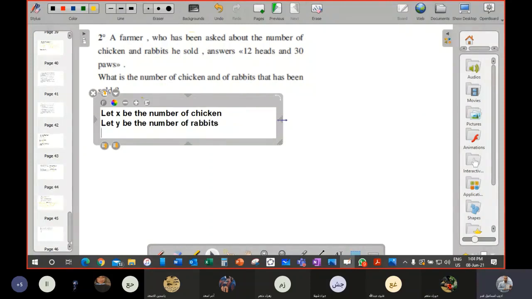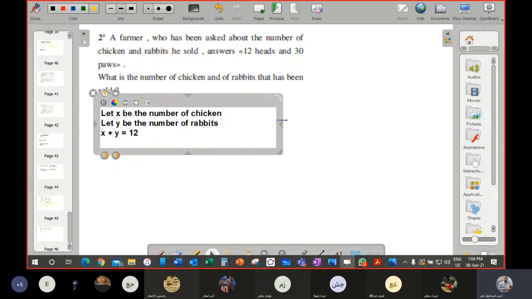The first equation is the total number of animals he sold: x plus y equal 12. Good. The second equation depends on the paws.